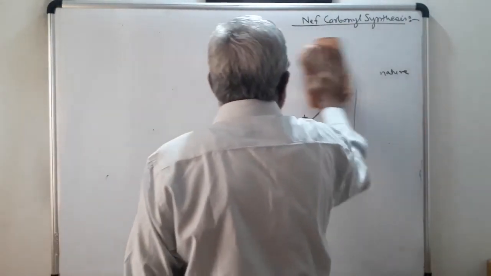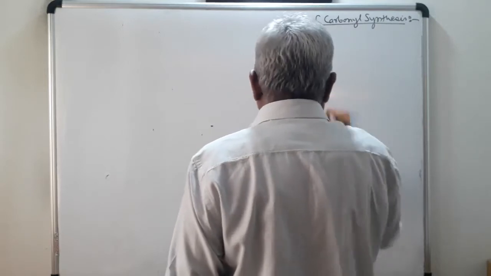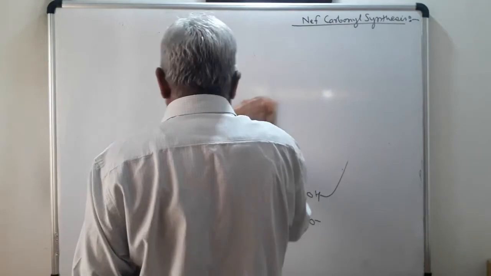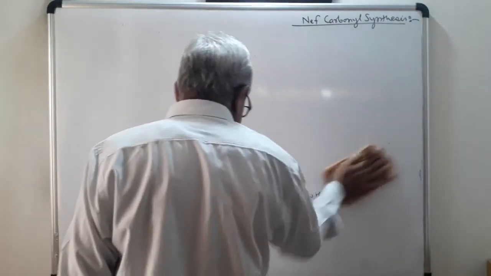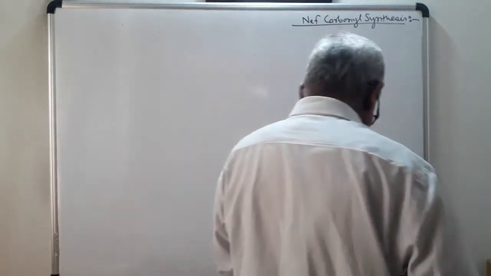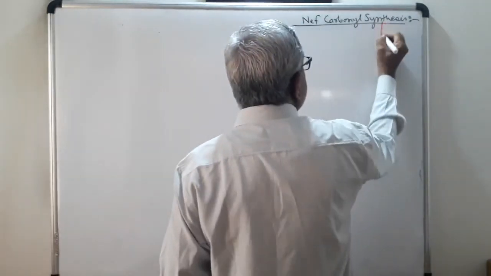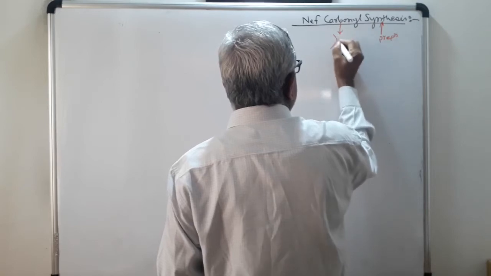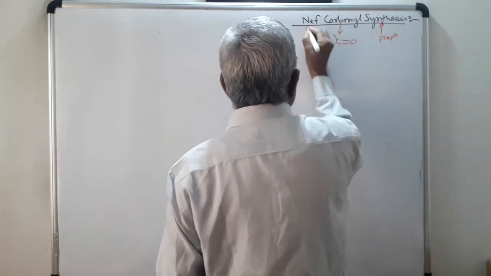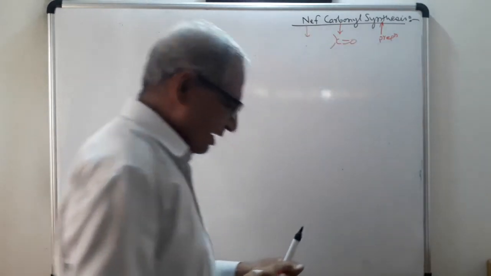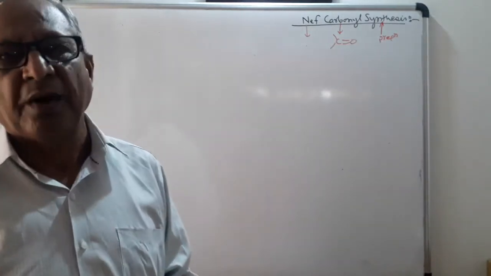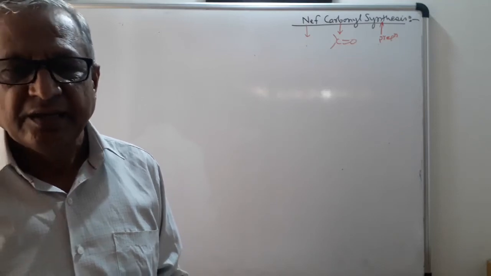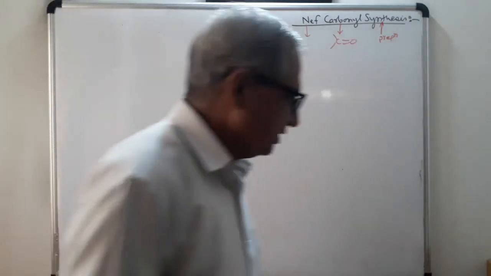I will explain the three terms here: Nef, carbonyl and synthesis. Synthesis indicates preparation. Carbonyl group has C double bond O. Nef is the name of the scientist. The preparation of carbonyl compounds such as aldehyde and ketone is known as Nef carbonyl synthesis.